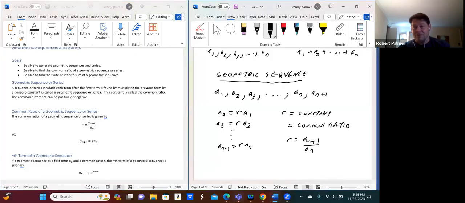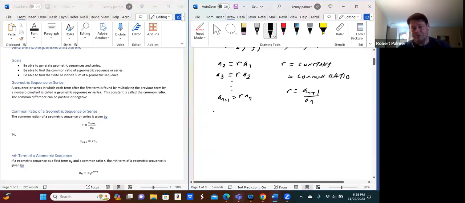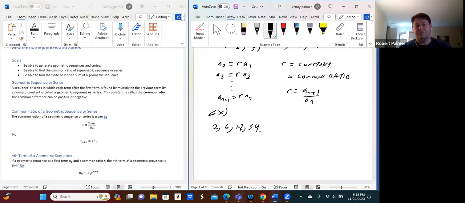Let's look at some examples with actual numbers. Let's have this very basic sequence: 2, 6, 18, and 54, and it continues. The first element is different, but let's find the ratio.